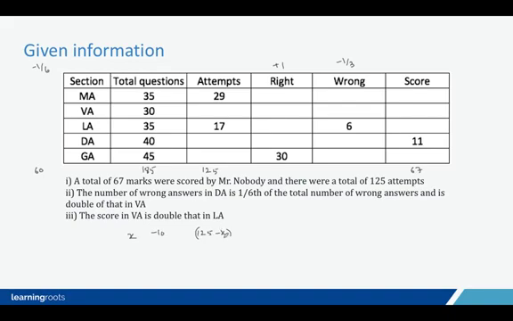And each wrong question would attract a penalty of -1/3 marks. So this would be his effective score. But we know that the effective score is 67, so we have to figure out what this will look like. We can say that X minus (125 minus X)/3, basically 1/3 of it, will be equal to 77. That part we can figure out.